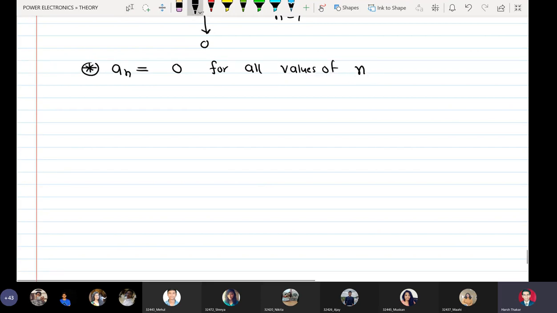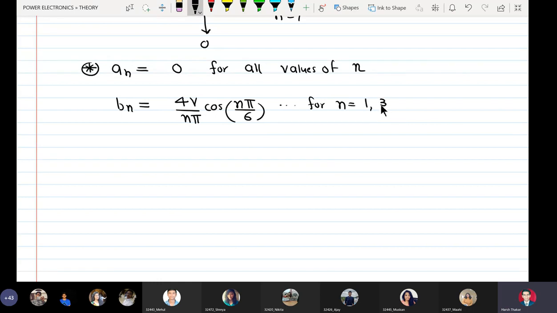Okay, so for both odd and even values, my Cauchy square wave has An equal to 0, and Bn comes out to be 4V upon n pi times cos of n pi by 6, for n equal to 1, 3, 5, 7, and it is equal to 0 for n equal to 2, 4, 6, 8.